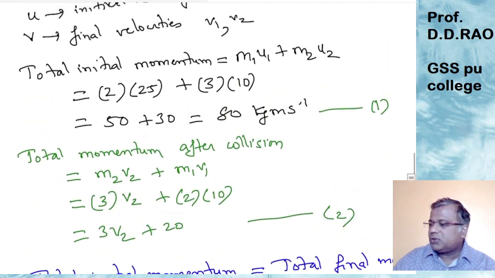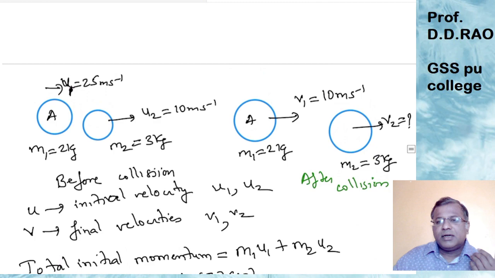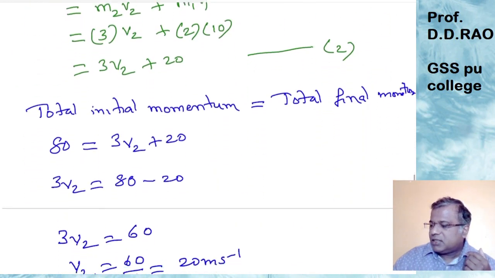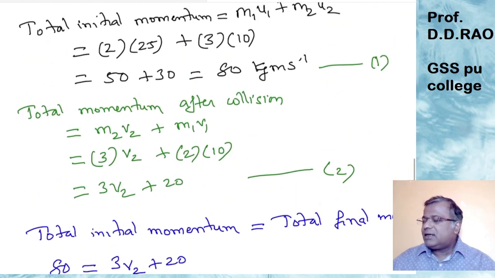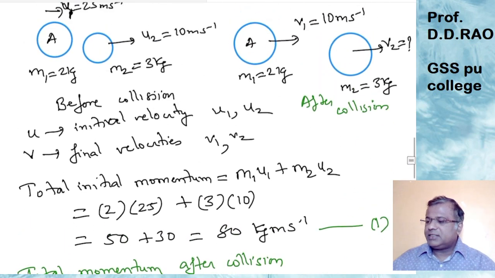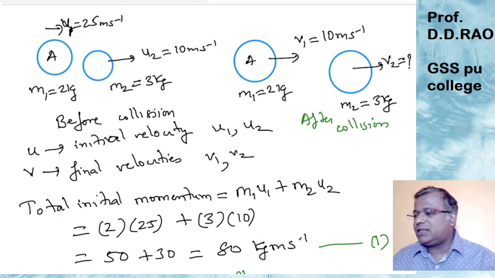Okay, so what has happened now? If you see the answers, the second velocity I got is 20. None of the velocities are 20 as per the question. One was 25, other is 10.